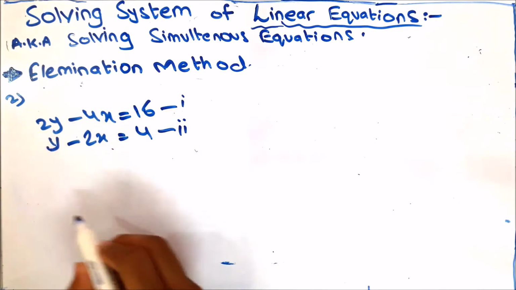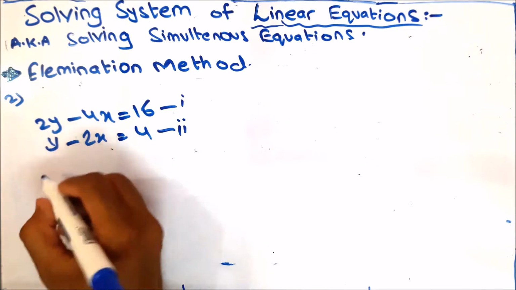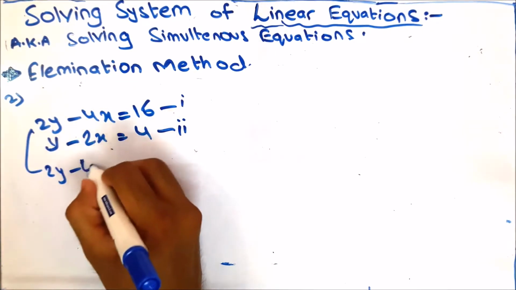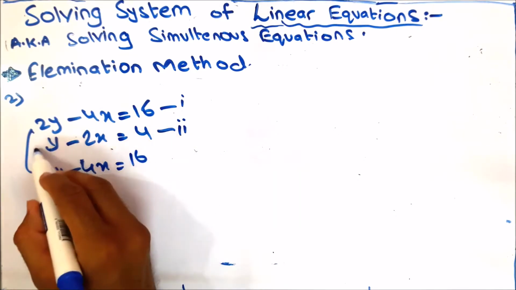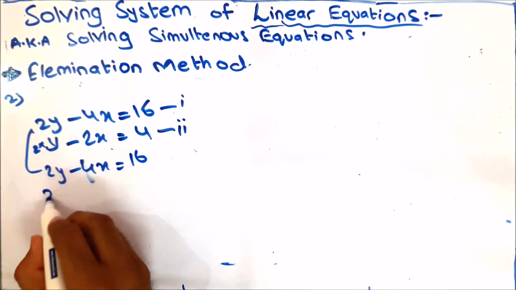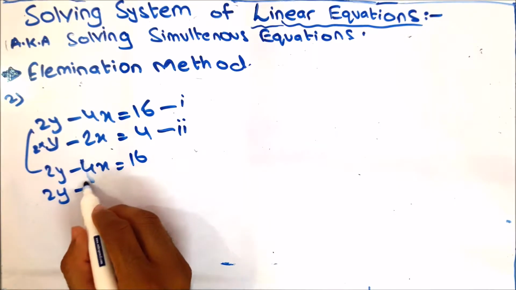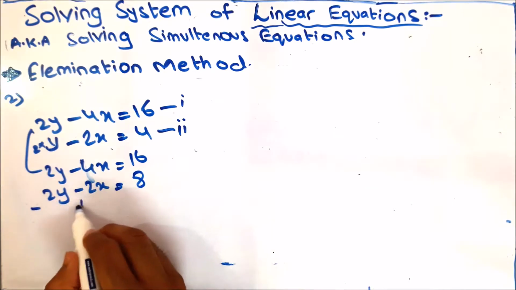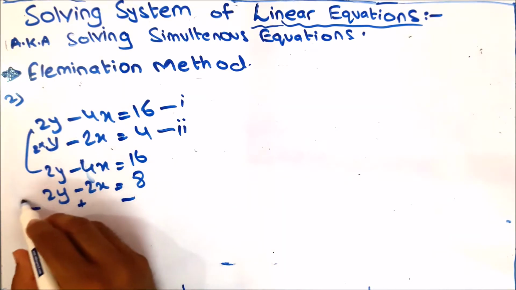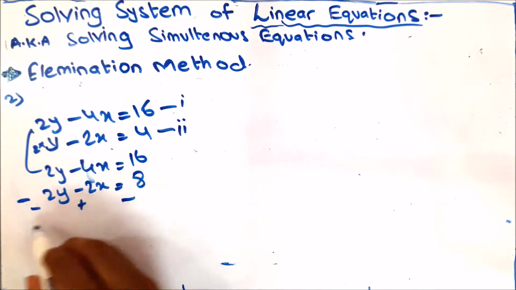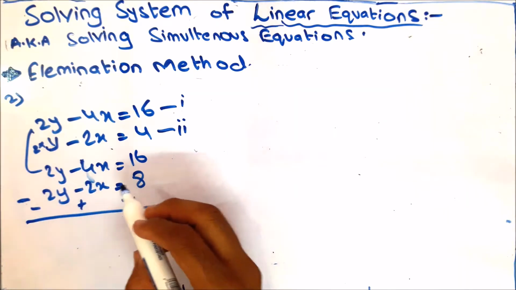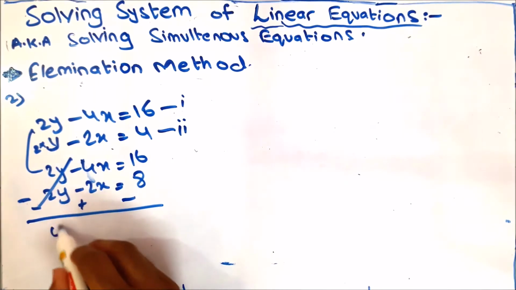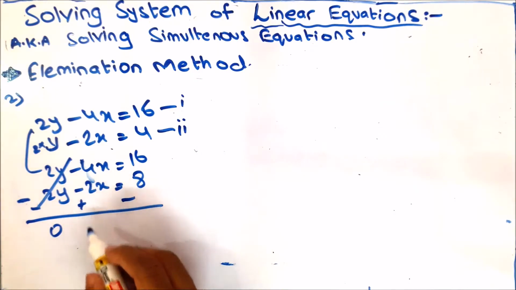So when I multiply equation 2 by 2, first I'll copy this down: 2y minus 4x equals 16, and then when I multiply this equation by 2, I get 2y minus 2x equals 8. And when I subtract it, the minus gets plus. So 2y minus 2y cancels out, it becomes 0.